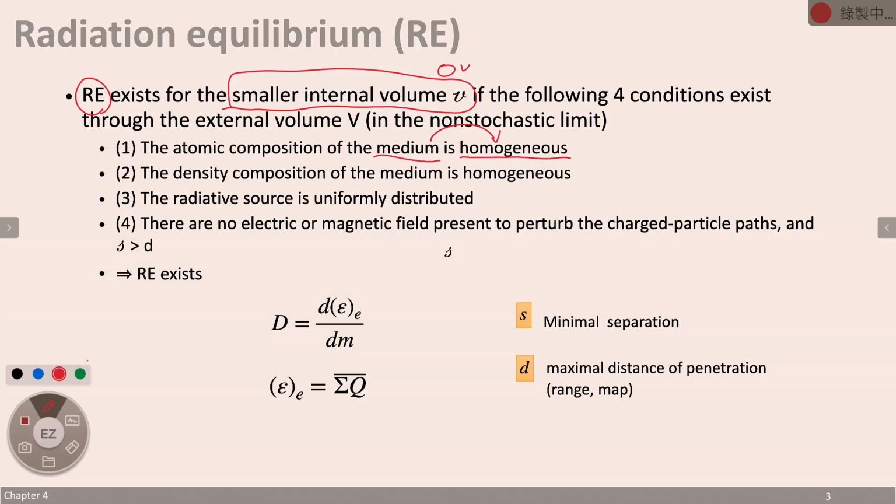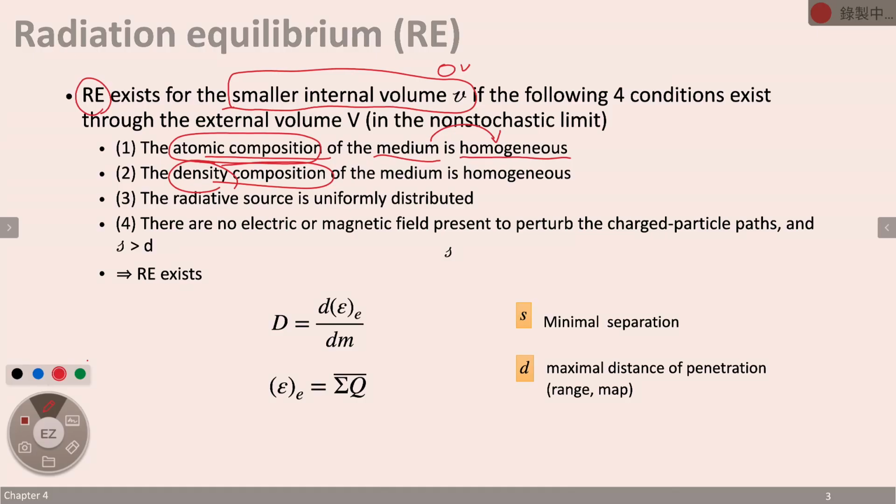It's talking about the atomic composition, not just the mixture; the elements are also the same or similar. So this is homogeneity. The second one is that the density composition of the medium is homogeneous. So the first one is atomic composition, and the second one is density composition.